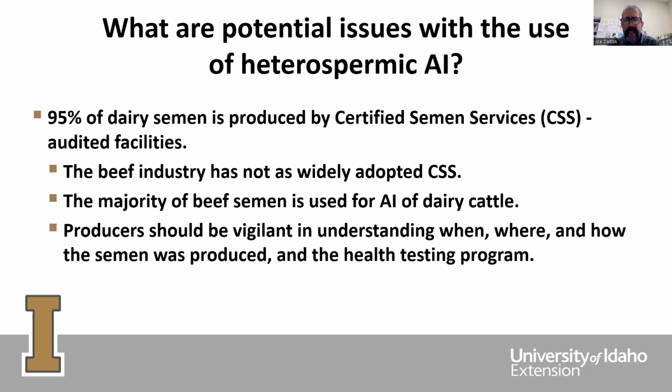These are facilities that have entered into a voluntary agreement to be audited on a wide variety of things, everything from health testing to semen extenders, antibiotics, audited by certified semen services.